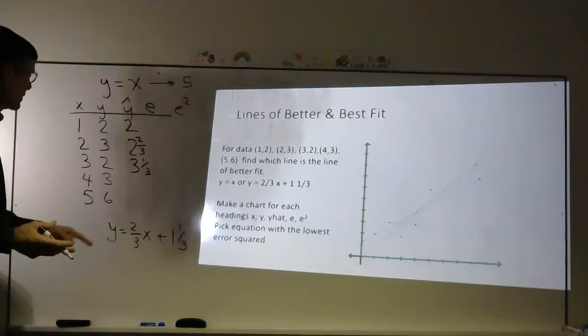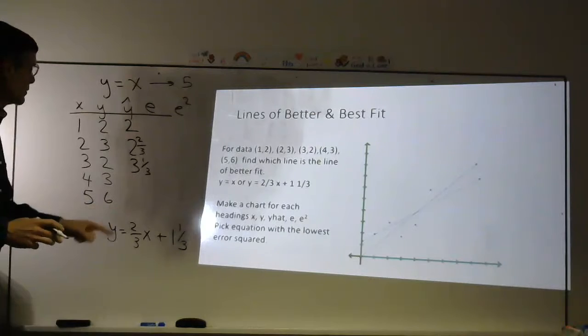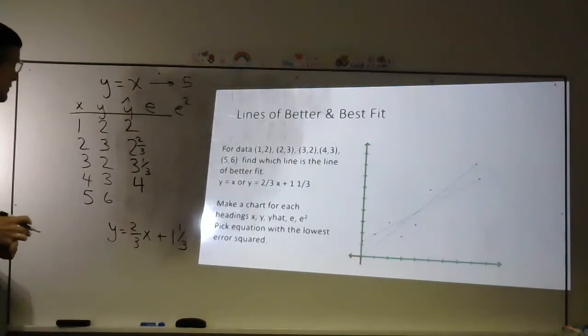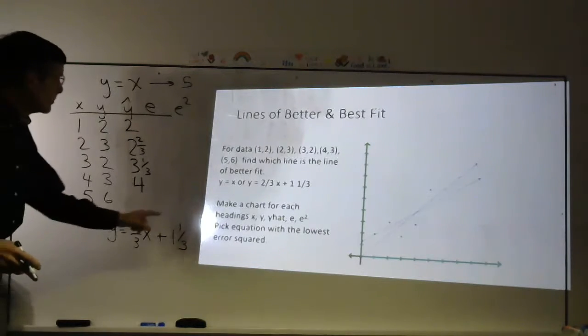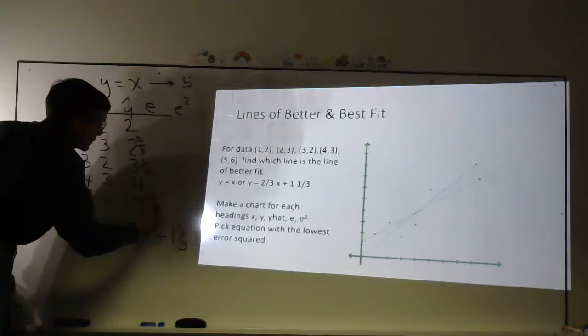Let me go over that again. 4 times 2 is 8/3. 3 into 8 is 2 2/3, plus 1 1/3 is 4. Putting 5 in, 5 times 2/3 is 10/3, which is 3 1/3, plus 1 1/3 is 4 2/3.